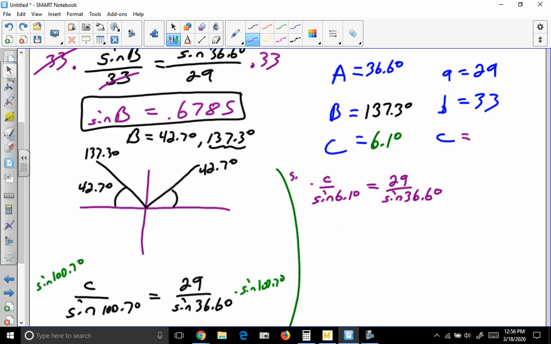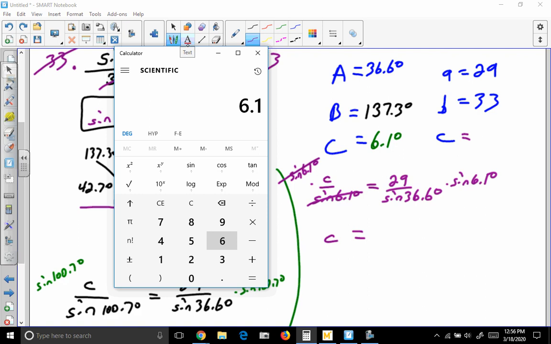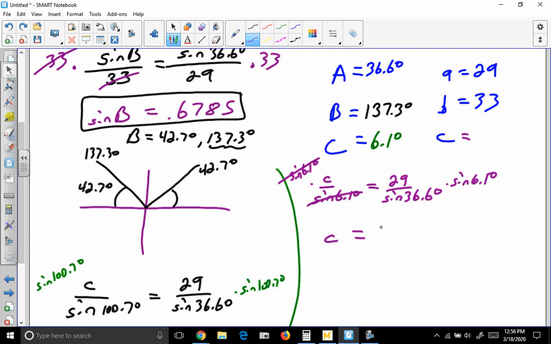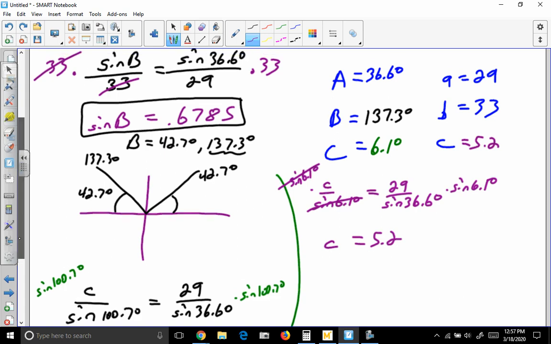So clear our fractions, or get c by itself, so get rid of that denominator. So multiply both sides by sine 6.1 degrees, so those cancel. So whatever we get here is c. So 29 over sine 36.6 times sine of 6.1, we get 5.2. Little bitty side, but that's also across from a little angle. So these are the values for our second solution.